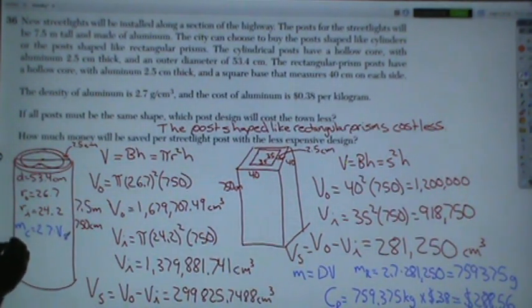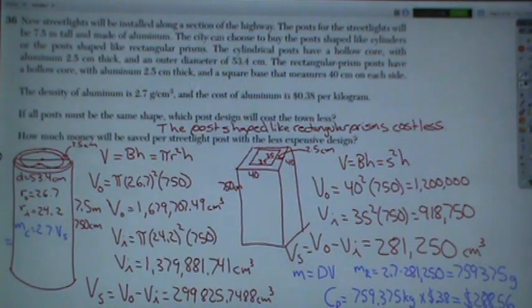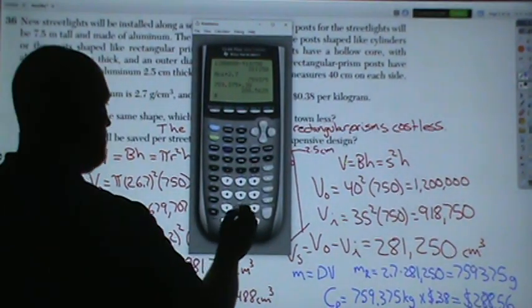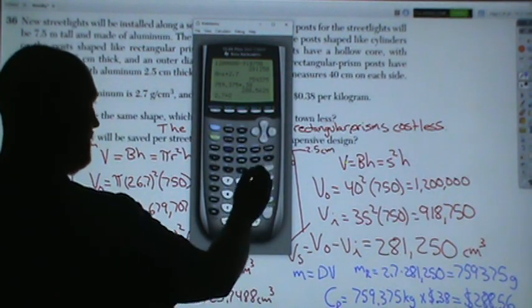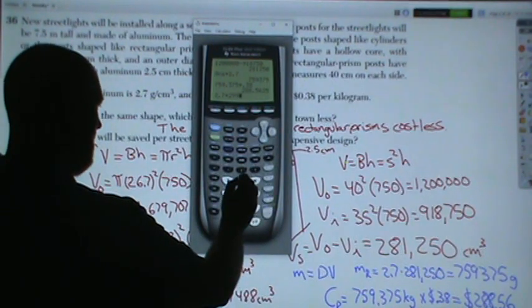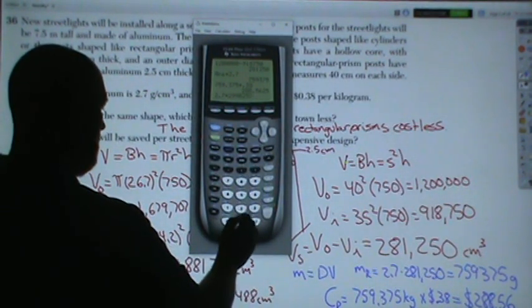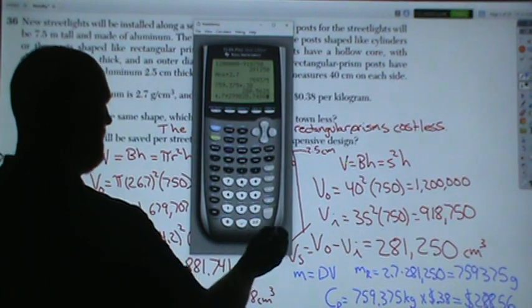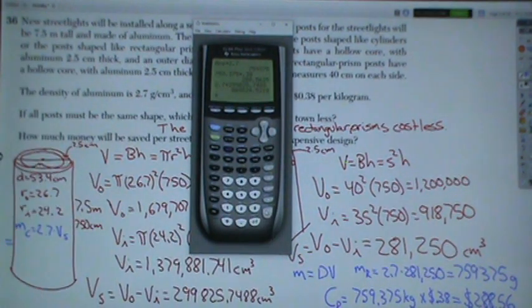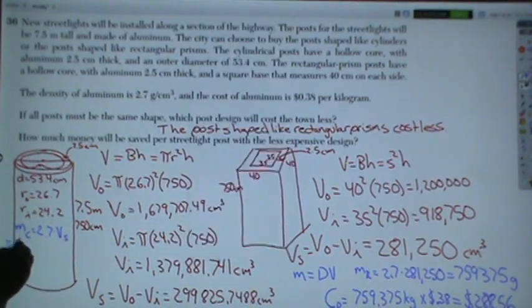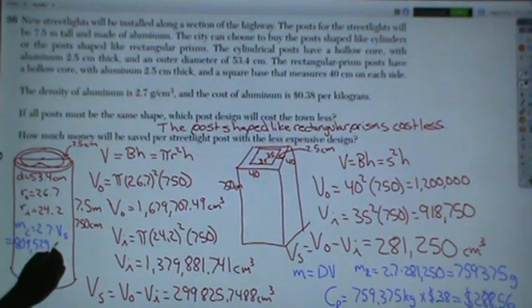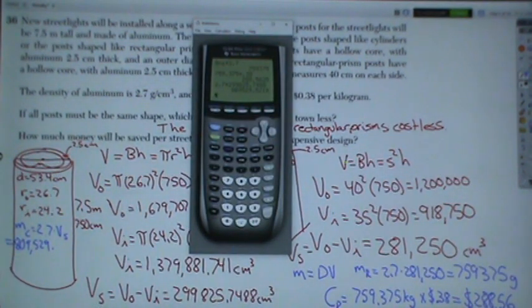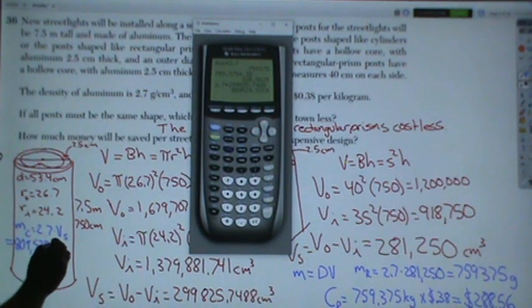So I'm going to have 2.7 times 299,825.7488, because we know it's dangerous to round before we get to an answer. So we're going to have 809,529.5218.